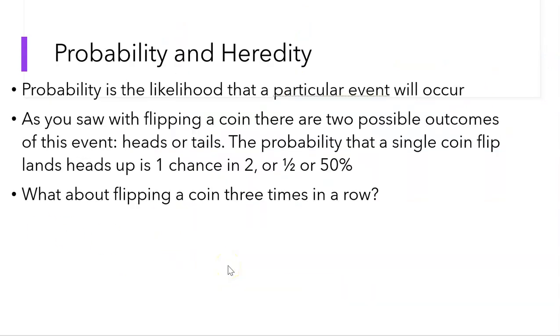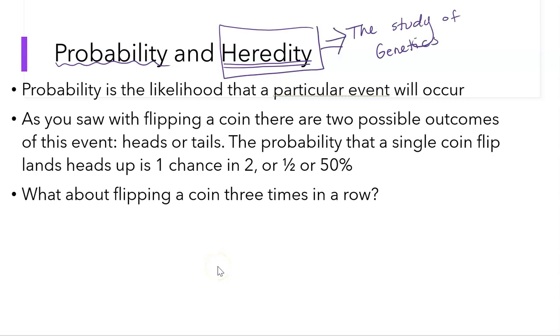Going into some probability. Again, we're talking about probability and heredity, the study of genetics. And we use probability and statistics a lot for this. So it's the likelihood that a particular event will occur.